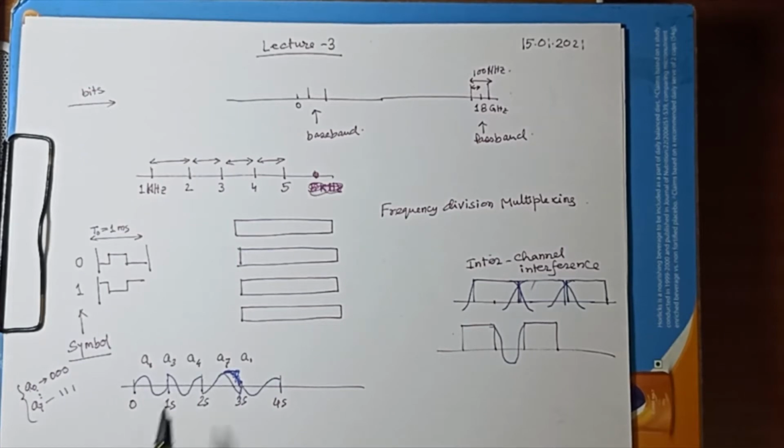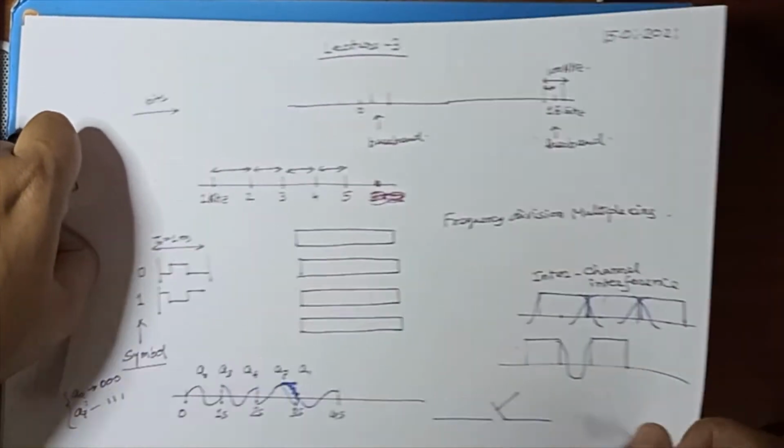Now, how does this time restriction happen using a circuit? It can be done using a simple switch. Suppose you have a MOSFET, and the waveform is coming. You put a switch over here, and this switch will be on for, say, 1 millisecond. For that 1 millisecond this signal will come. If there are 7 or 8 different symbols coming in, you can keep 8 inputs.